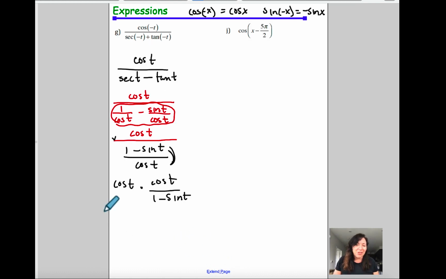And then it looks like I have cosine t over 1. So I'm going to multiply that out, and I get cosine squared of t over 1 minus sine of t.